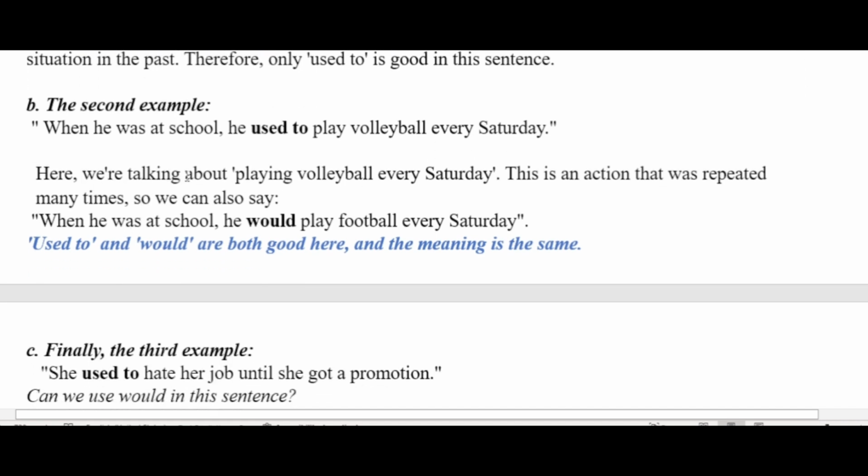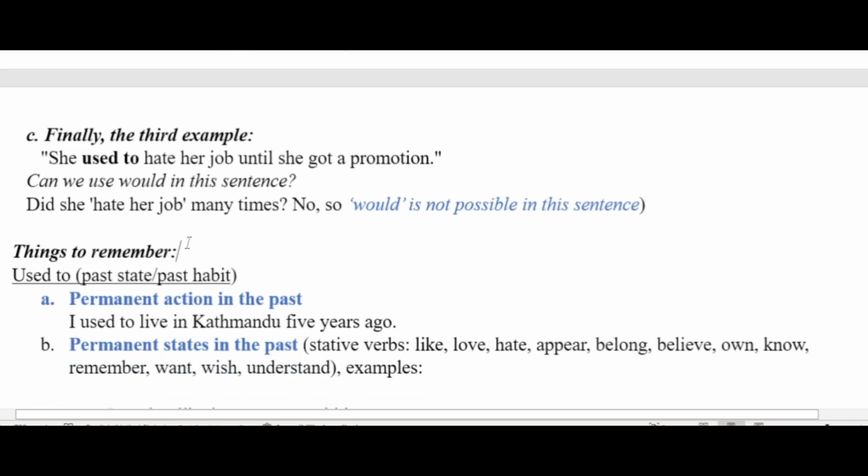Here, we are talking about playing football every Saturday. This is an action that was repeated many times, so we can also say when he was at school, he would play football every Saturday. Used to and would are both good here, and the meaning is the same.